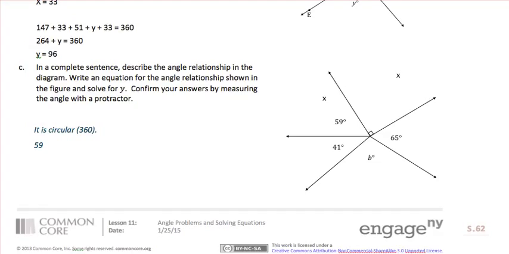So 59 plus 41 plus b plus 65 plus 90 equals 360 degrees. We'll combine our like terms, which equals 255 plus b equals 360, and then it follows that b equals 105.